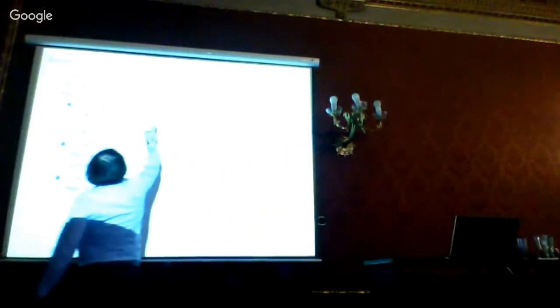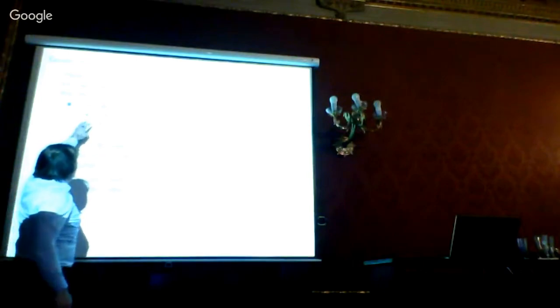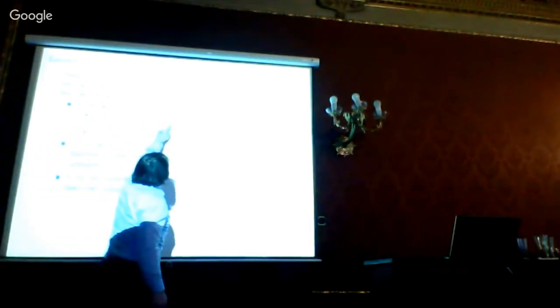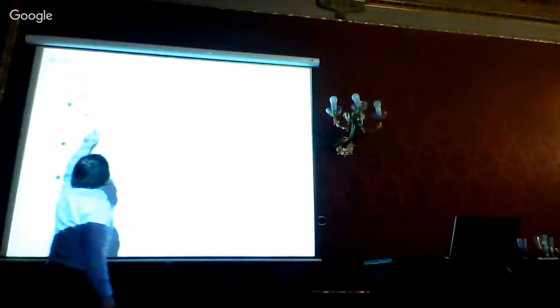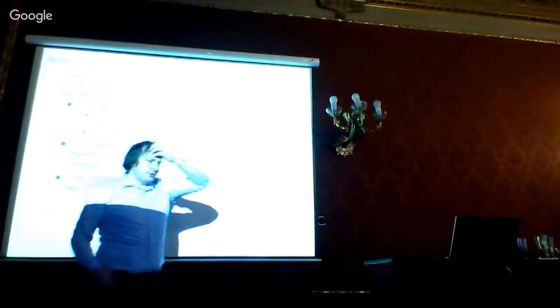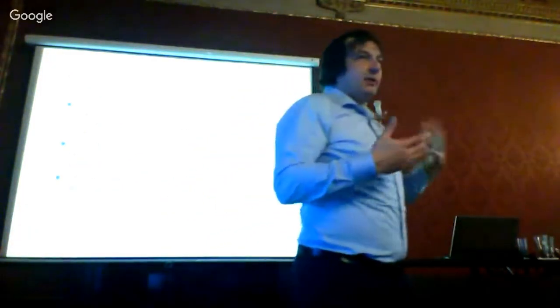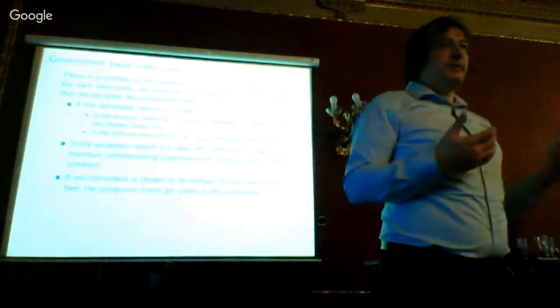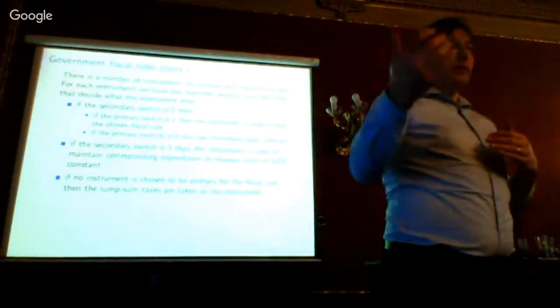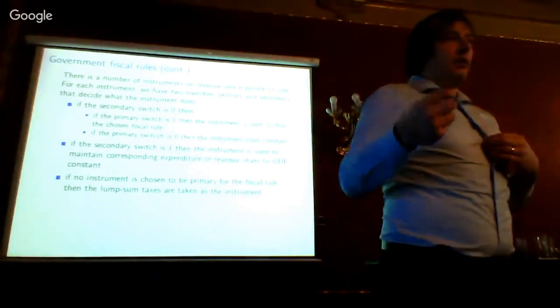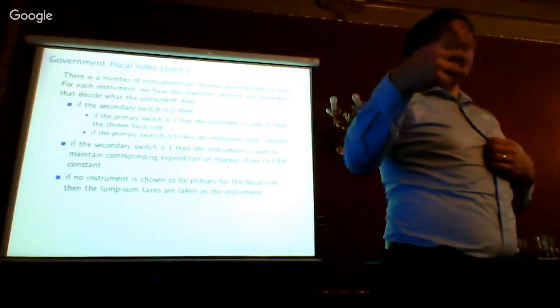If the secondary switch is 0 and the primary switch is 1, then the instrument is used to clear the chosen fiscal rule. So we choose the fiscal rule, and if this instrument is labor tax, it is the same logic as before. This labor tax will be such as to meet the deficit defined by the fiscal rule. Of course, you can shock the fiscal rule directly, right? There are shocks.